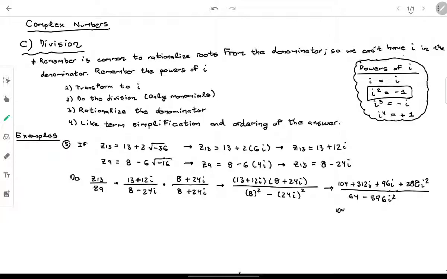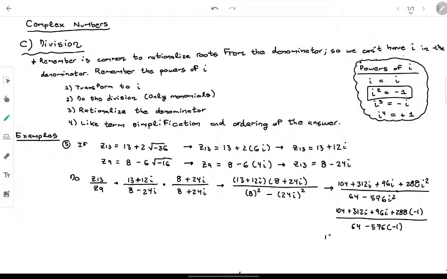So the next thing we can do is we can change the powers of i. So it's going to be 104 plus 312i plus 96i minus, or well, let's do it in two steps, 288 that multiplies minus 1, and on the bottom part is going to be 64 minus 576 that multiplies minus 1.